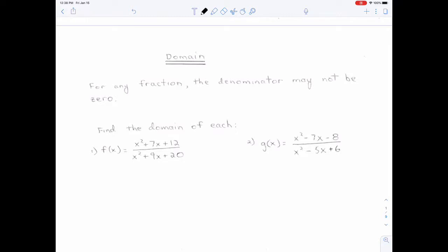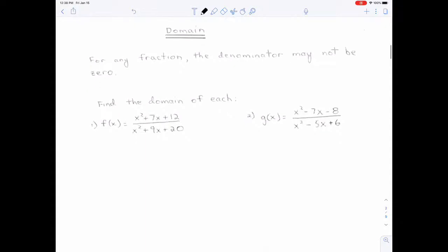So domain. For any fraction, the denominator may not be 0. So how do you find the domain? You just set the denominator not equal to 0. So we have x squared plus 9x plus 20 is not 0. x can be anything other than what would make the denominator 0. How would you solve this?